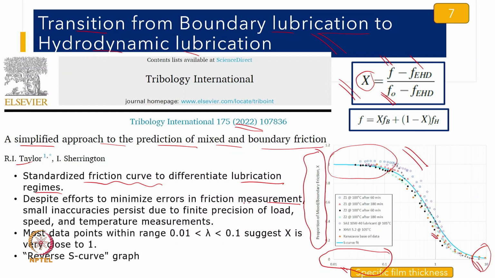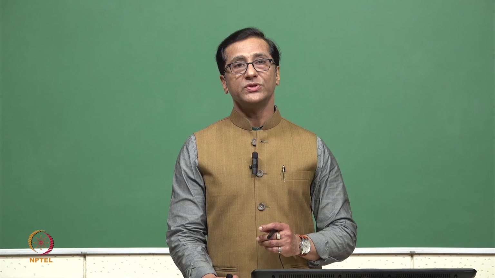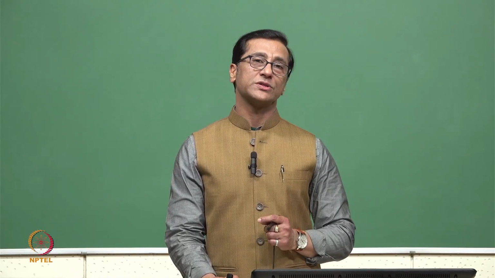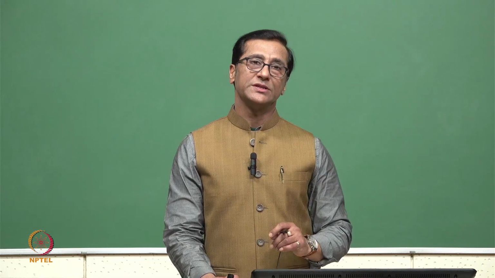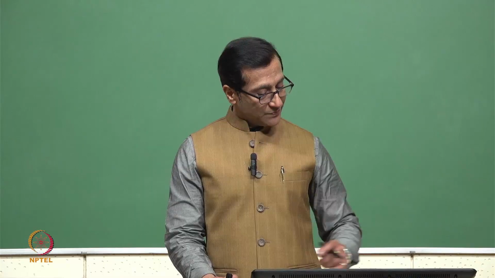However, they also found there are some errors whenever we start measuring something. There will be some inaccuracy that will bring some sort of uncertainty. That will also be discussed in lecture 33.